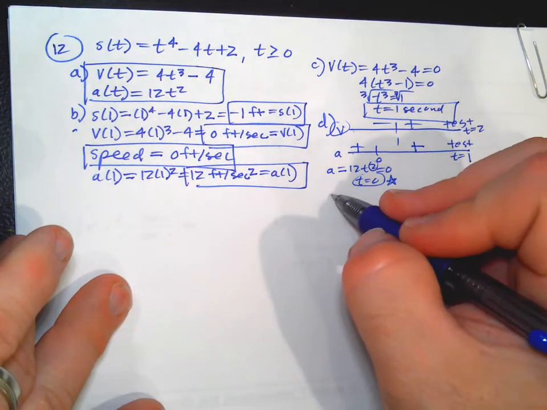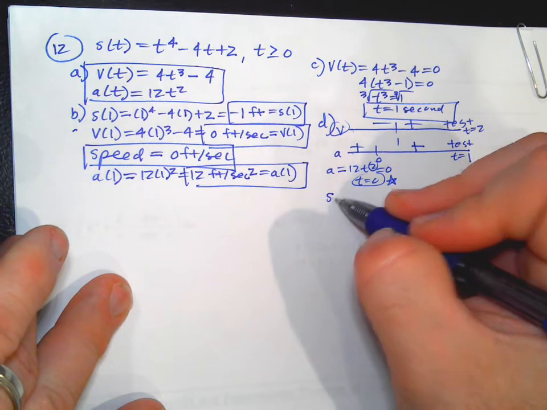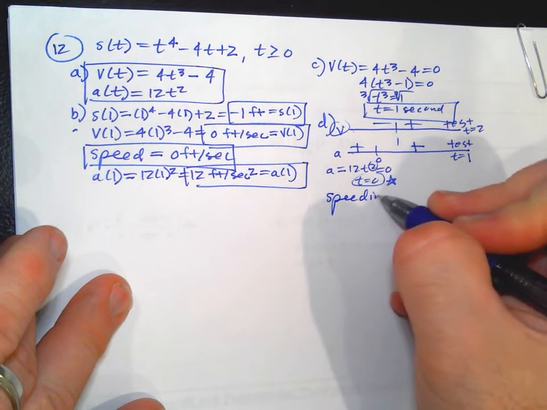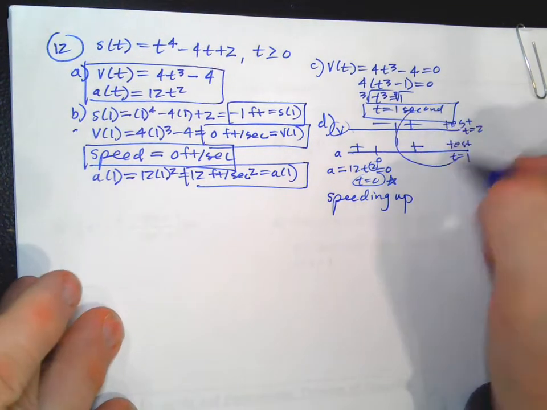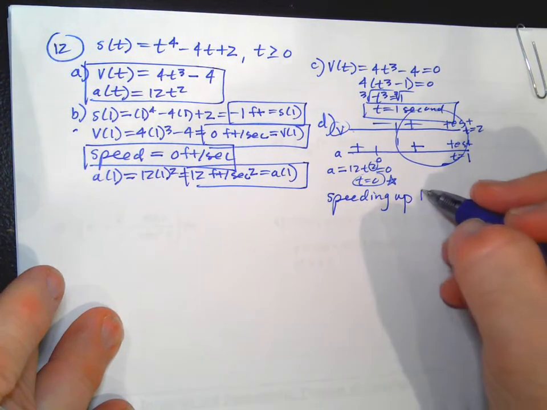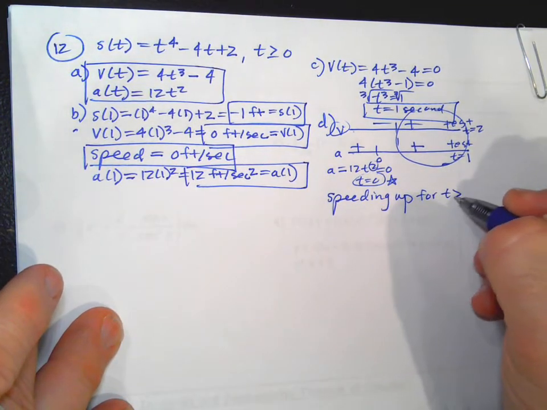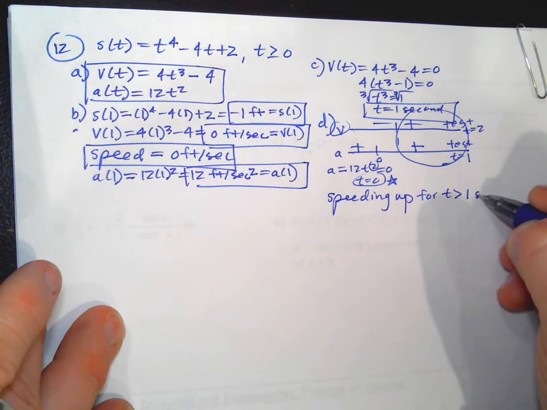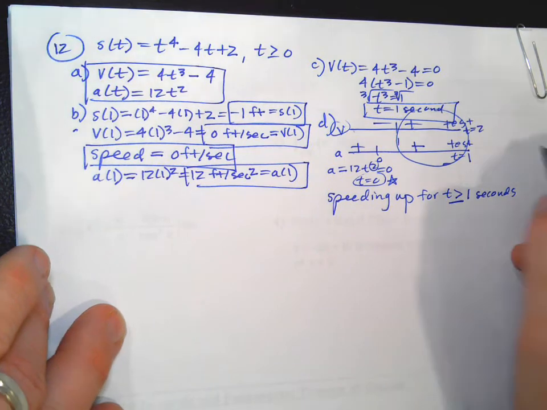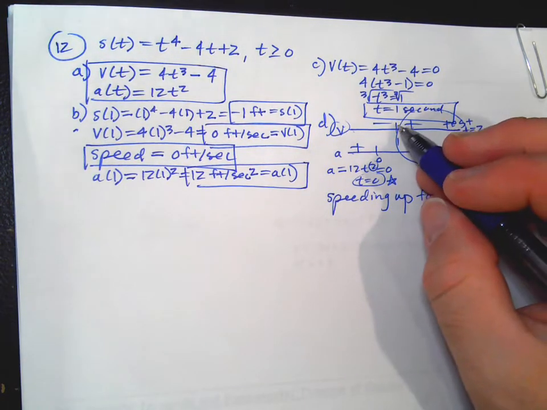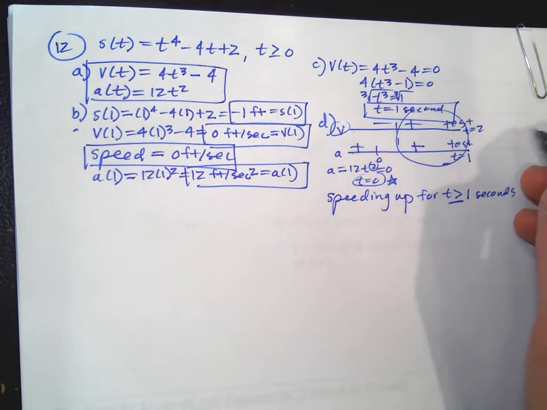So speeding up is when they have the same signs. So speeding up for t greater than 1 second. And I guess we could include the endpoint there because it's not the edge of concavity, it's the edge of velocity.